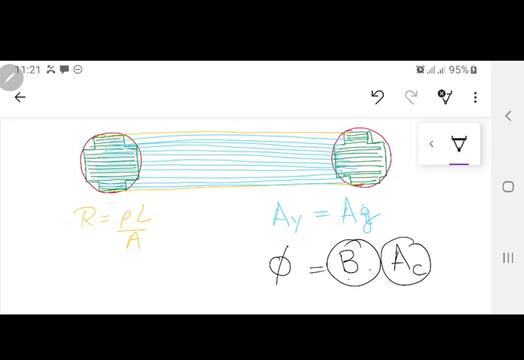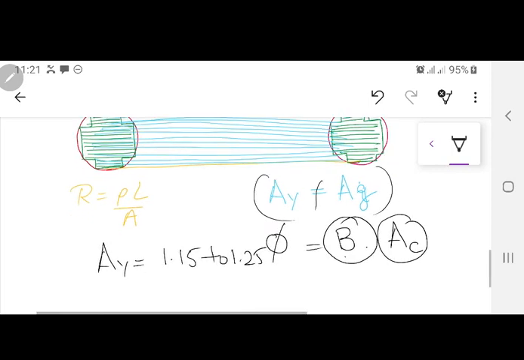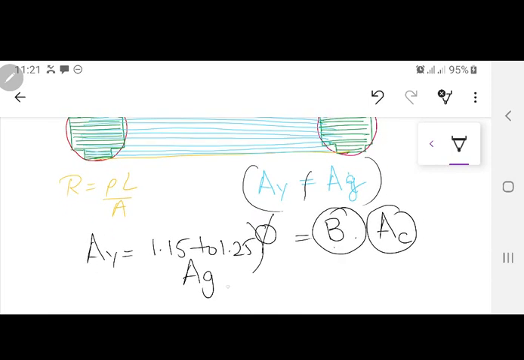But since we want the yoke to not have that much losses, we will keep the yoke area not equal, but 15% to 25% more than the gross area of the core. Why are we doing it?